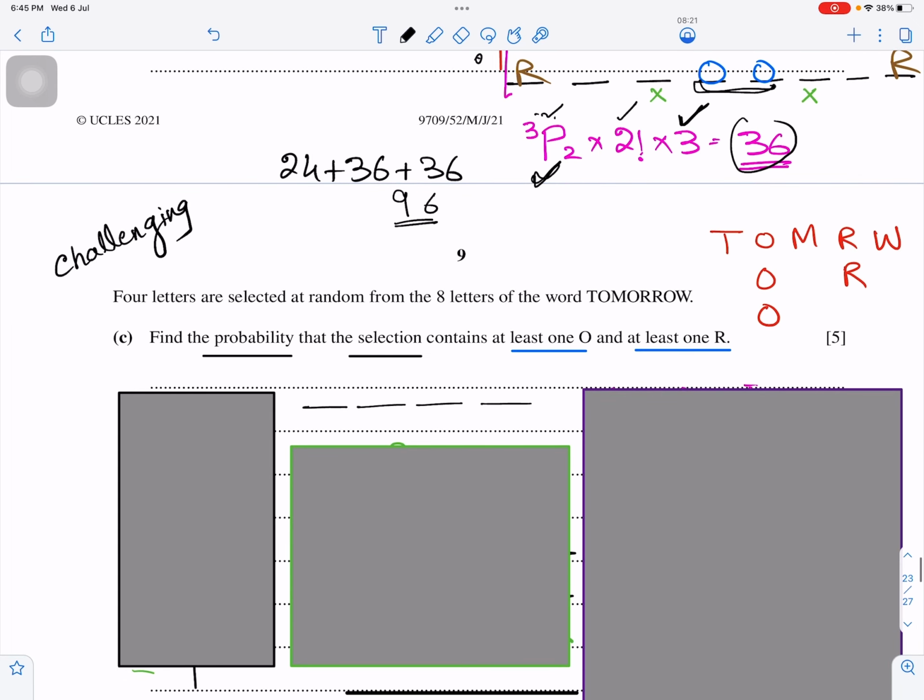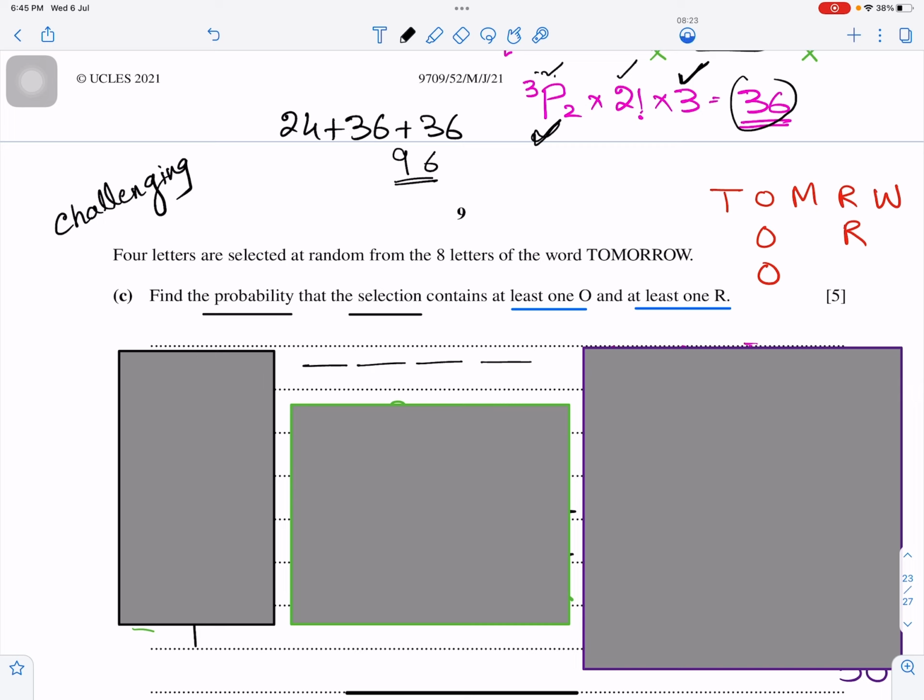Now this last part. Now you have to select 4 letters out of 8. After selection, you have to find the probability.